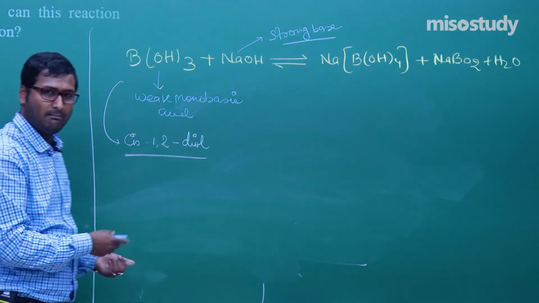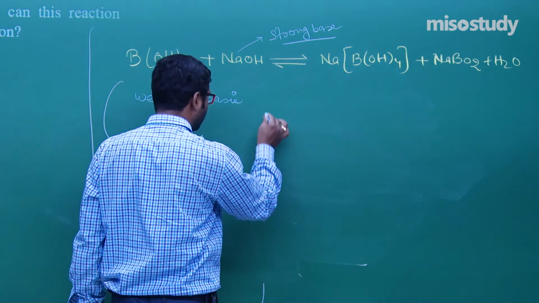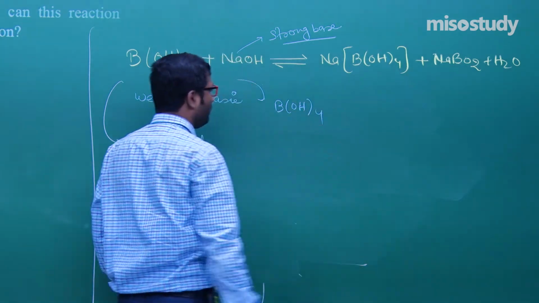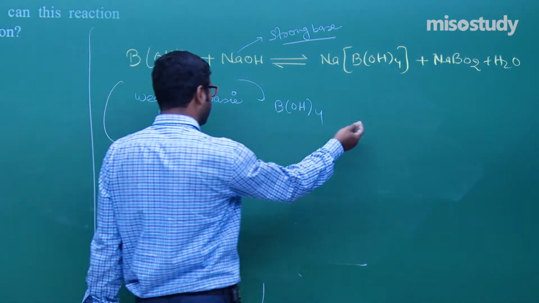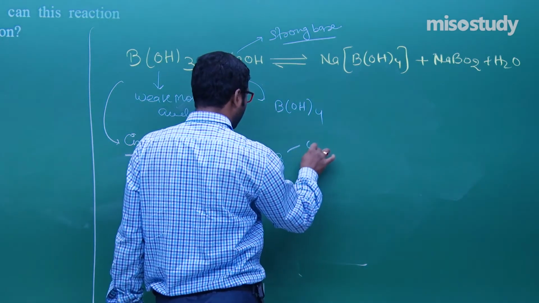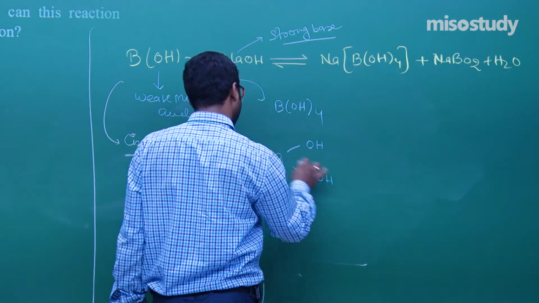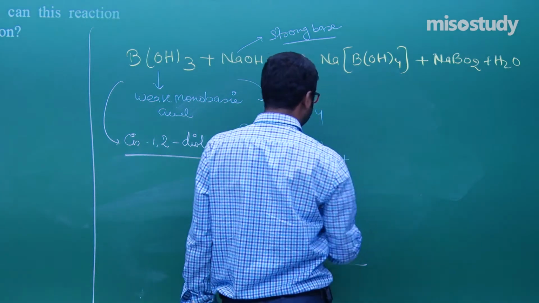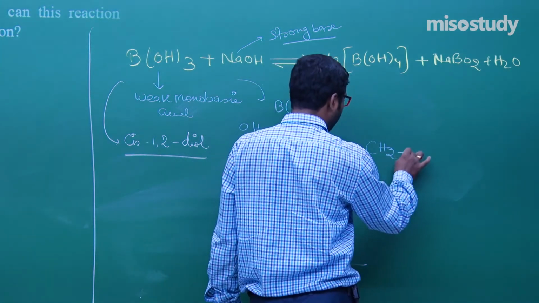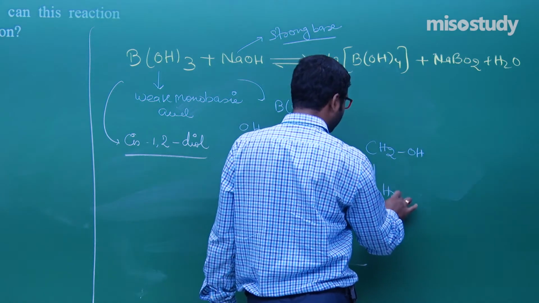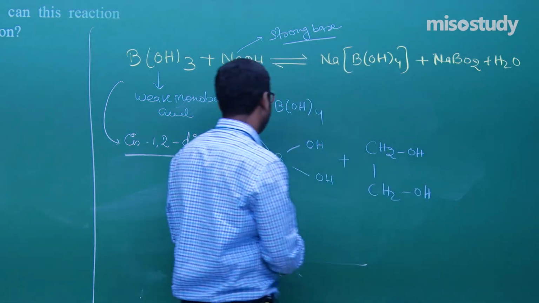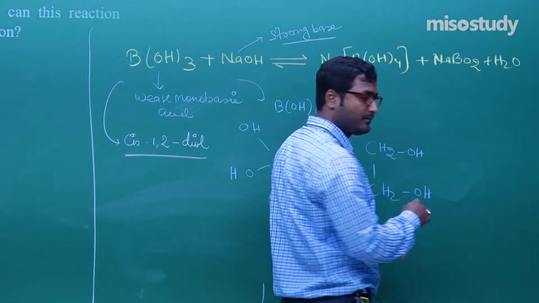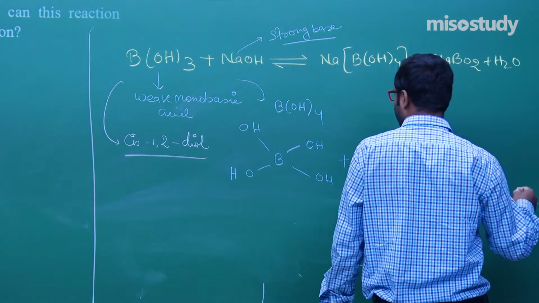It will form a complex ion. How does the reaction proceed? It will convert to B(OH)4. Look, that is B, put here OH, this one is OH, this one is OH, and this one is OH. Now in the presence of cis 1,2-diol, CH2OH, then CH2OH, the reaction will proceed and there is a release of water. What will happen?